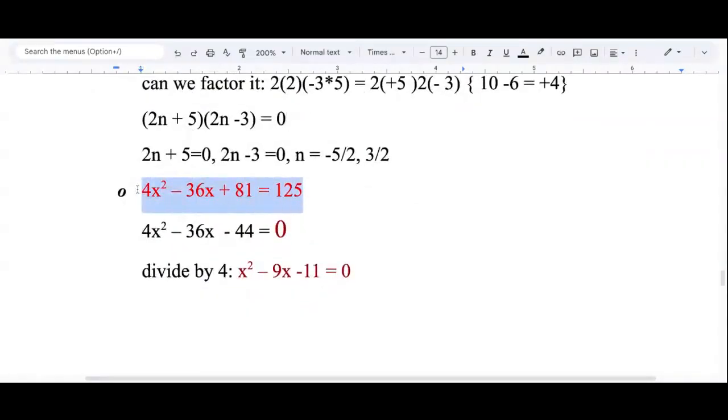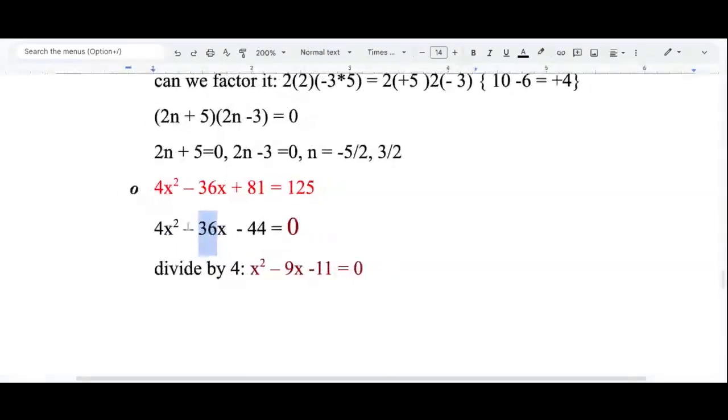Okay, let's see this one. Similarly for this one, we want to move 125 to the other side, becomes negative 125. 81 minus 125, that becomes negative 44. Okay, then we see 4, 36, 44, they all have factors of 4, so we divide by 4. Divided by 4, the equation becomes x squared minus 9x minus 11.